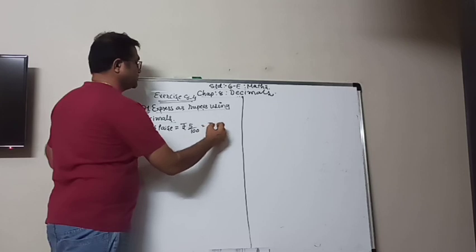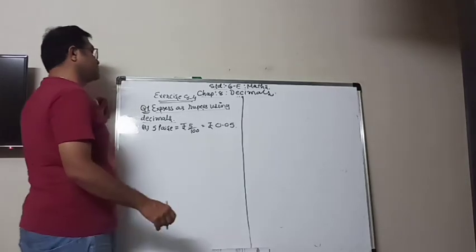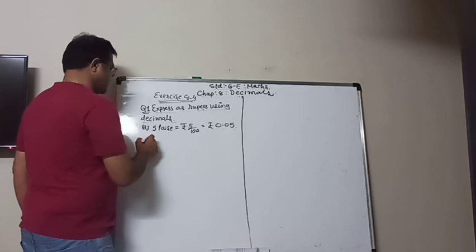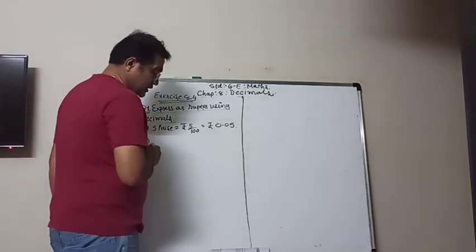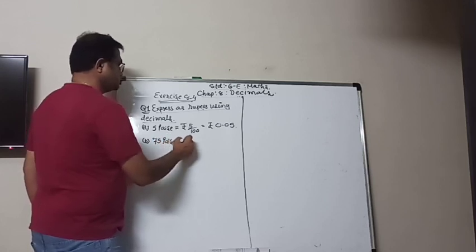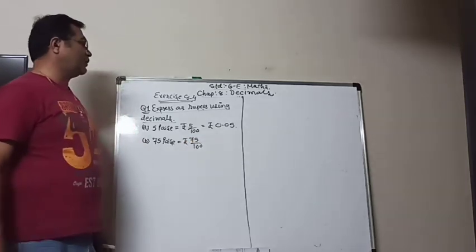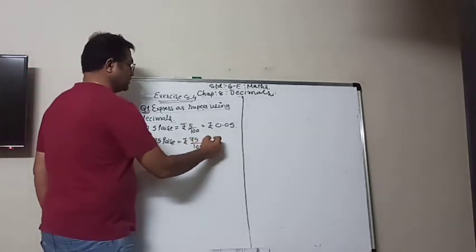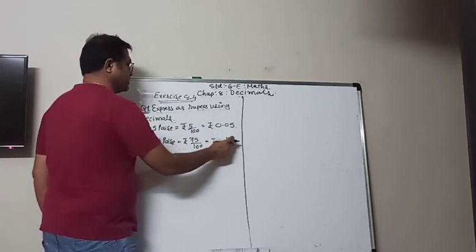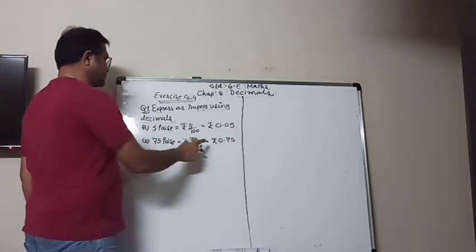Now there are 2 zeros, so there should be 2 decimal places, so rupees 0.05. Second, 75 paise. 75 paise is also rupees 75 upon 100, and that is rupees 0.75, because there should be 2 decimal places since there is 100 in the denominator.